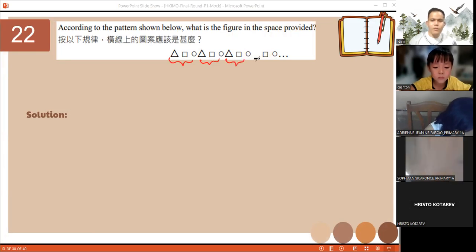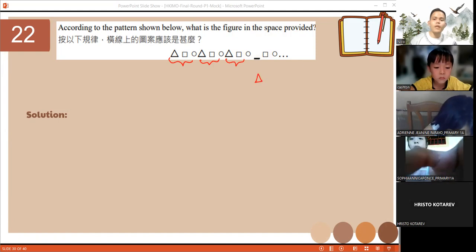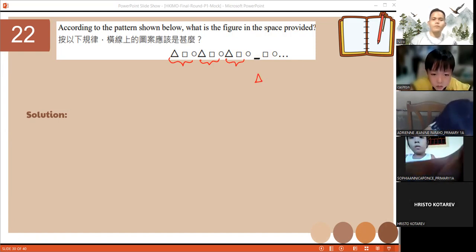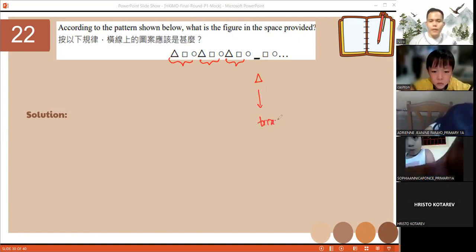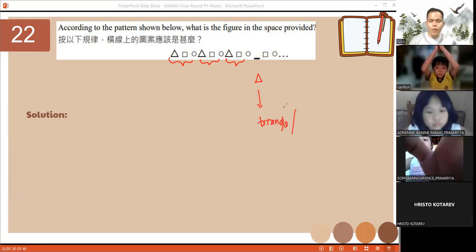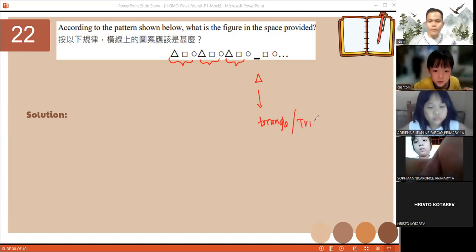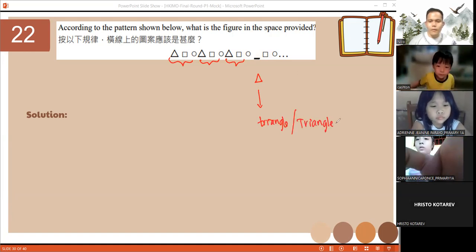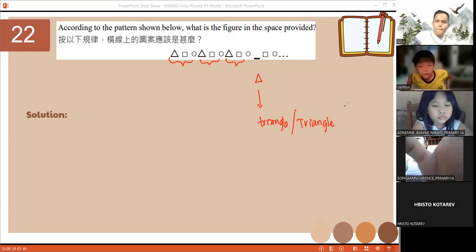Triangle. So you don't have a triangle shape in your keyboard, right? So much better you write this one as triangle or capital T triangle. That's completely fine.